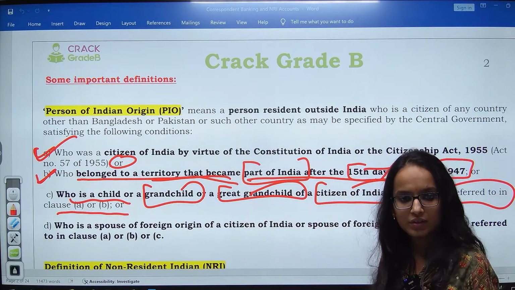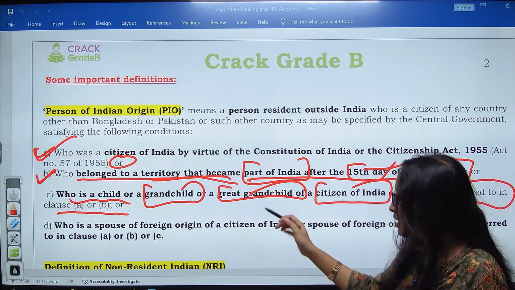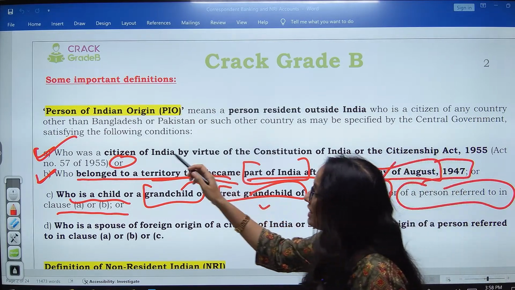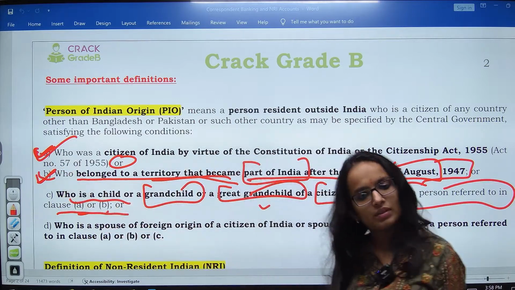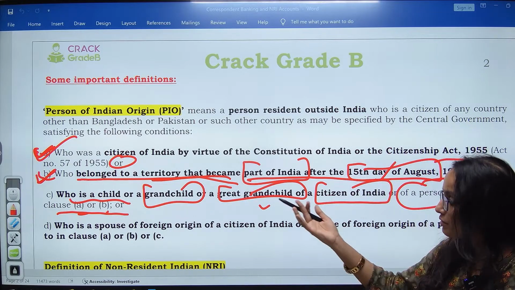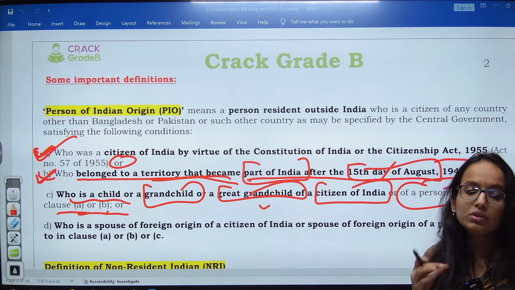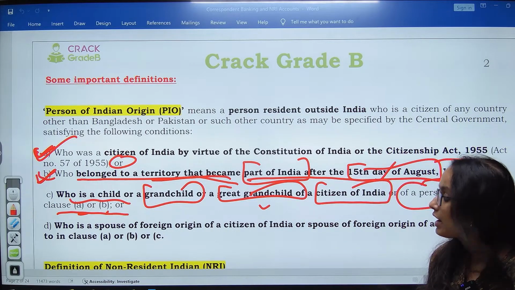So the child can be either of a citizen of India or of these people specified under clause A and clause B. Got this point? Now, what is the fourth condition for classifying you as a PIO?